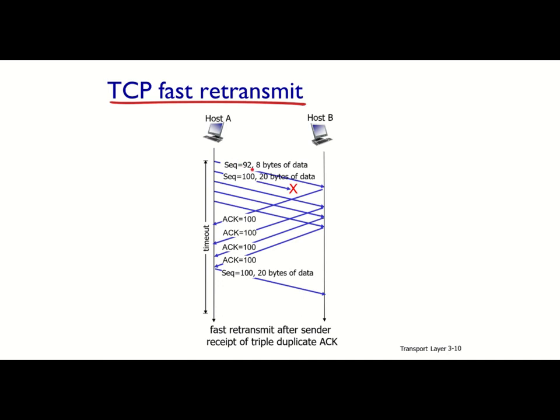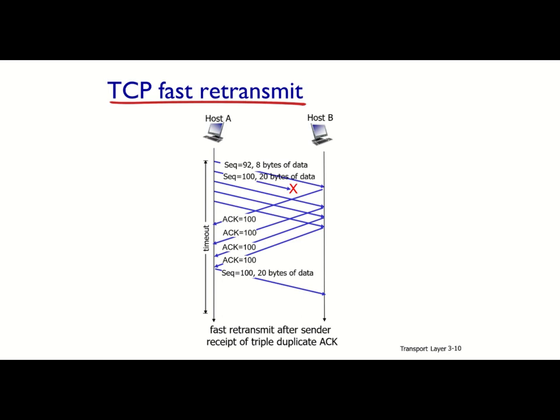The first one had 8 bytes, the second one had 20 bytes, and then it sends 3 more segments, but the second segment will be lost in the middle of the way. So host B only receives the first one, the third one, the fourth one, and the fifth one. So it still waits for acknowledgement 100.